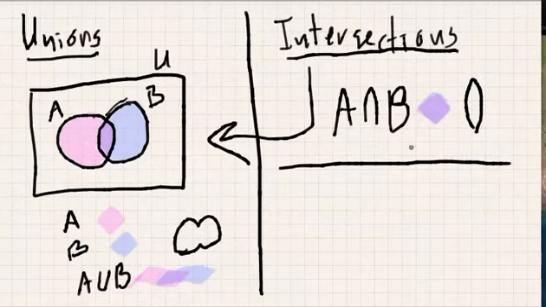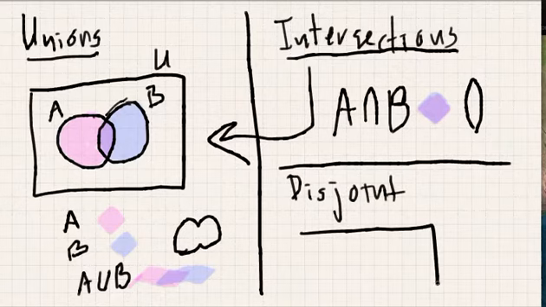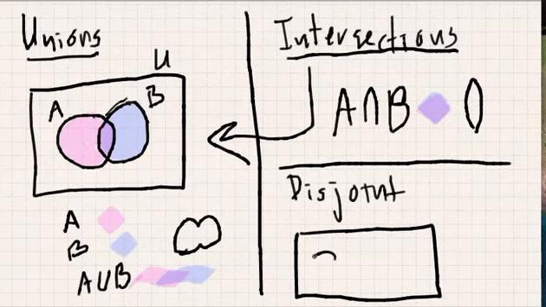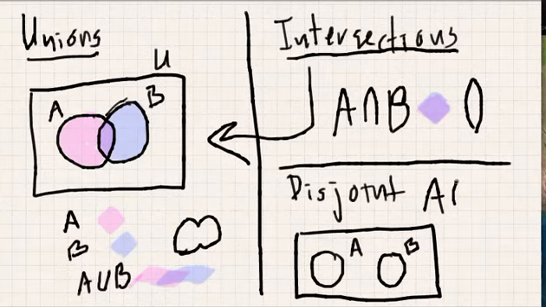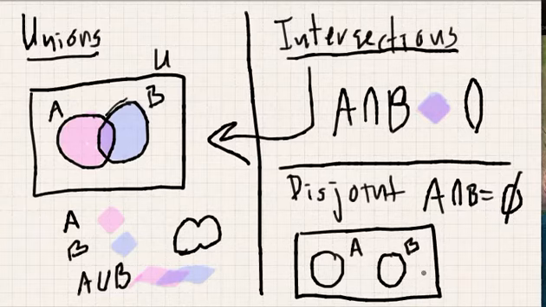Now note that we can use Venn diagrams to illustrate things. For example, I can illustrate disjoint sets by having them not touch each other. Here's A and here's B. This means that A intersect B is the empty set, because if I were to look for their intersection, they wouldn't share anything, so it would be empty.